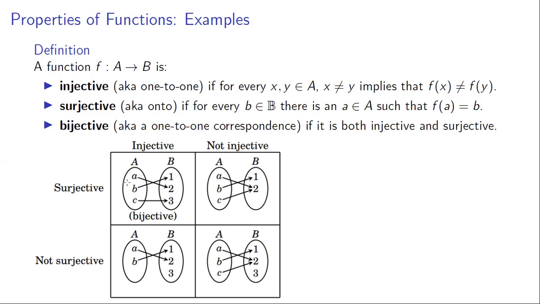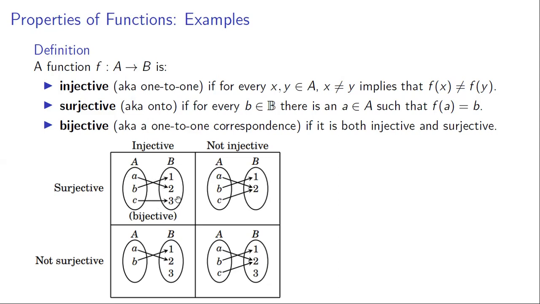Now, top left, this is both surjective and injective. It's injective because each input leads to a different output. So there are no 2 inputs that go to the same output. And it is surjective because every output in B gets reached.